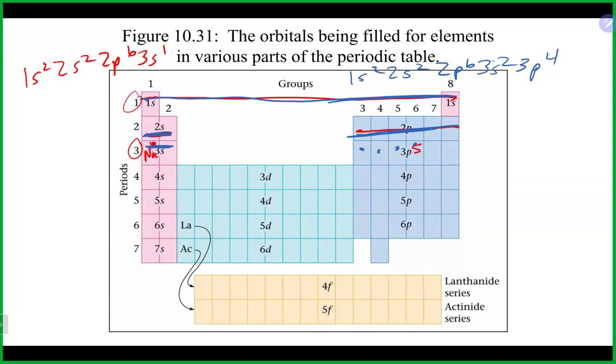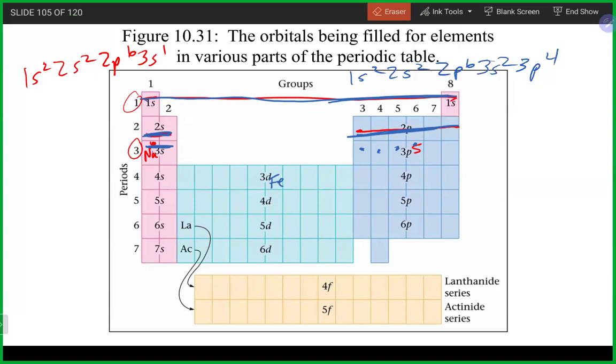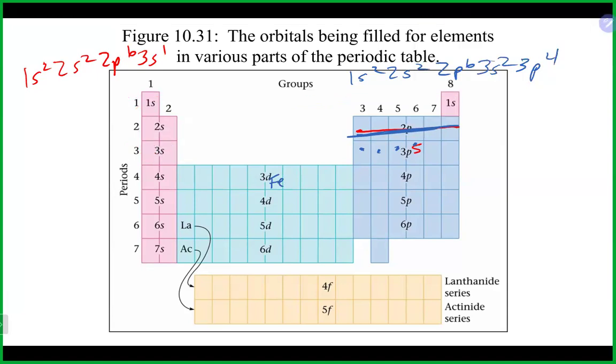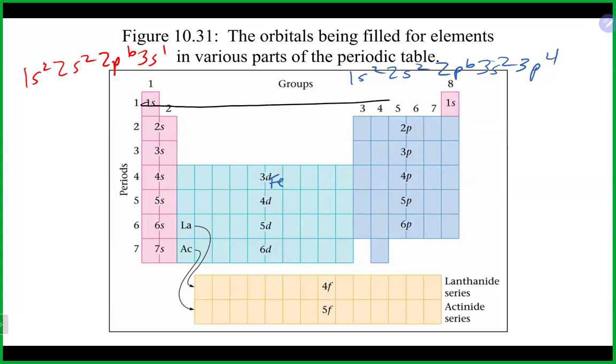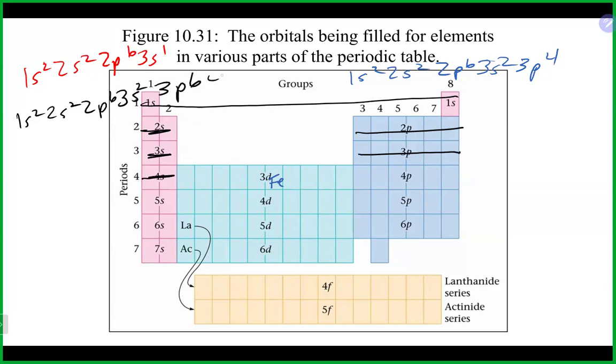Let's just say, though, that I wanted to do iron, which is right here. So I want to do iron, which is right there. All right, so we're going to count here: 1s2, 2s2, 2p6, 3s2, 3p6, 4s2.